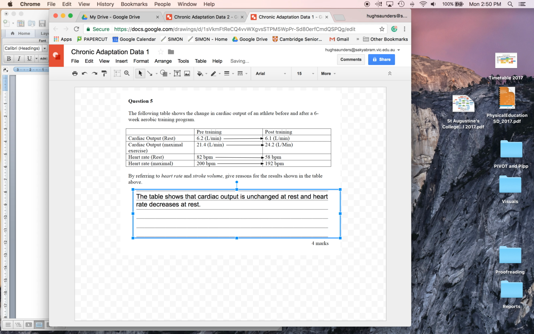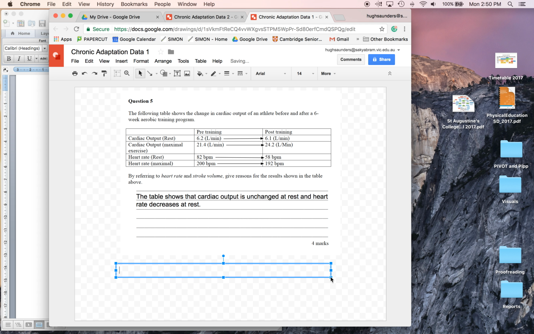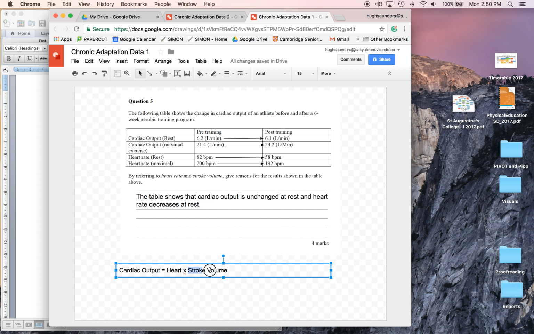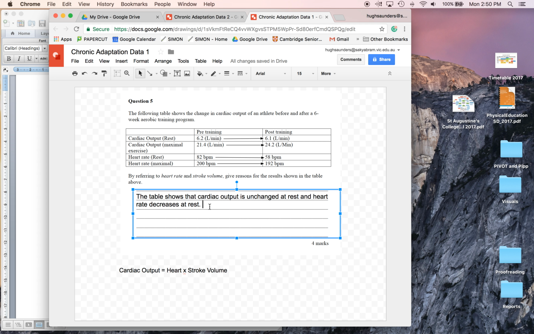Okay, so we've shown our knowledge of what's happened in the table. Now I need to provide an explanation. As you would know from our other sections, cardiac output equals heart rate times stroke volume. So if my cardiac output is unchanged at rest, and my heart rate decreases at rest, then something must be making up for it, and that of course will be our stroke volume. So here's where we show our knowledge of this part of it.